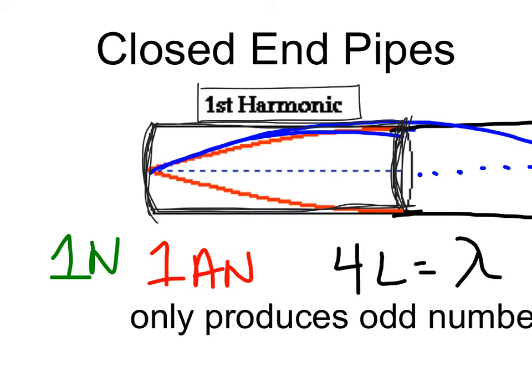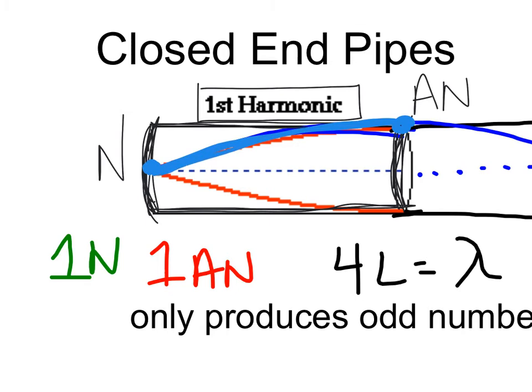If I have a closed-ended pipe, I need to have a node at the closed end. The air molecules can't vibrate much there, but an antinode at the opposite end. So what would that wave look like? Well, that wave is going to be at a node here and an antinode here. The longest wave I can generate that looks like that is right there.